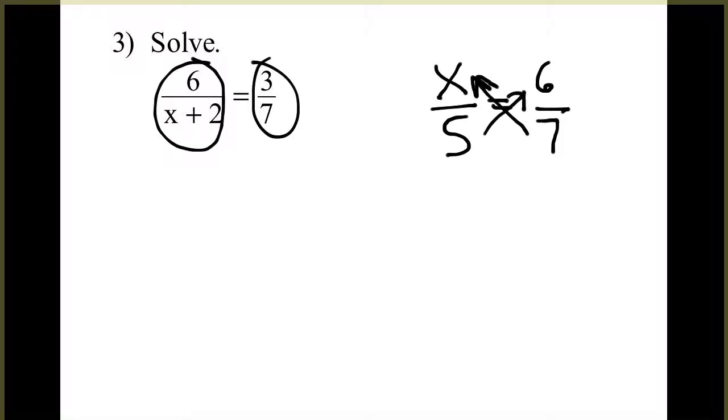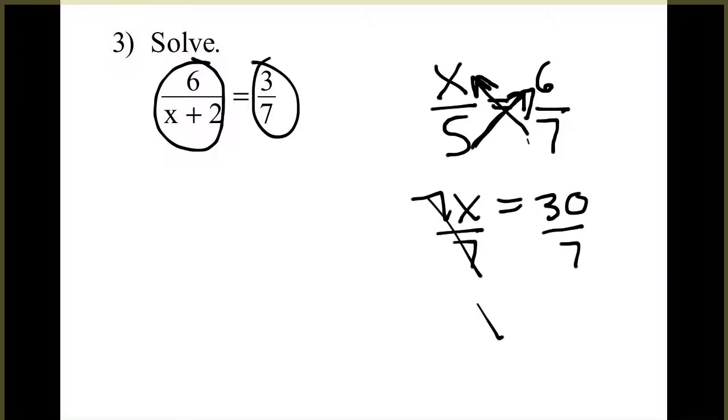Set it up as a proportion. 5 times 7 times x is 7x, and 5 times 6 is 30. Divide both sides by 7, and x is equal to, well, let's just leave it at 30 over 7.